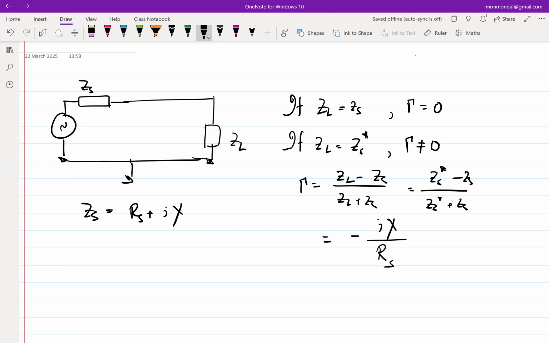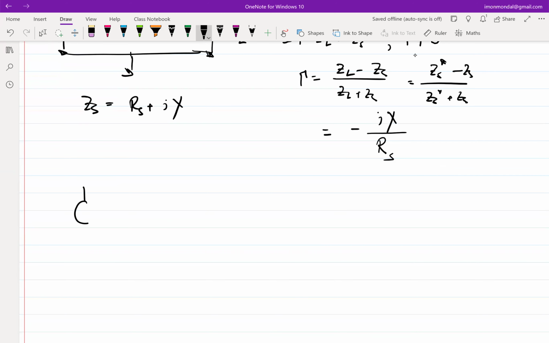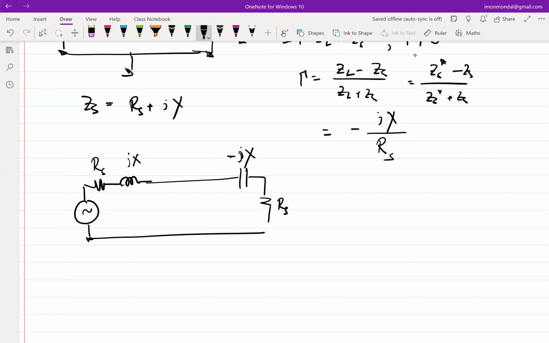So let me give you an example of this. Let's say I have a source where the source impedance includes this j omega L. If you have to do a complex conjugate match for maximum power transfer, then this jX has to be equal to minus jX, which means it has to be a capacitor, and you need to have an Rs here, right?